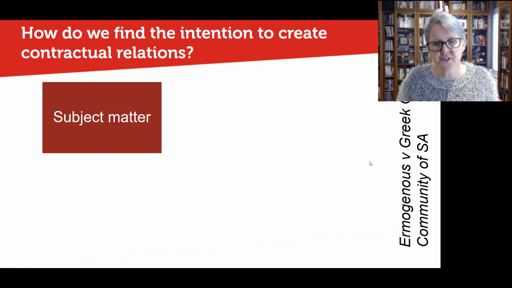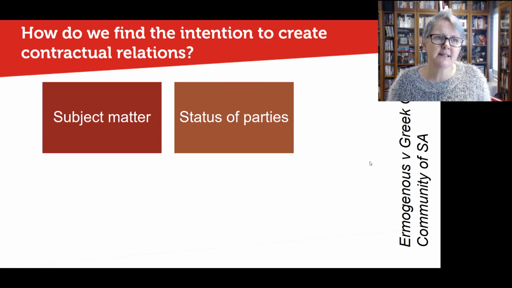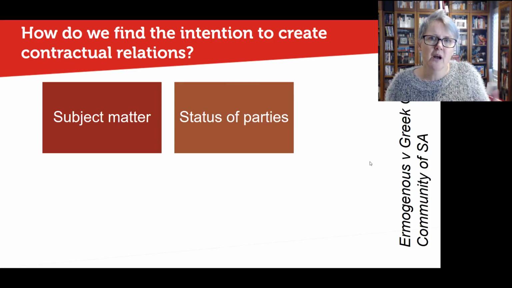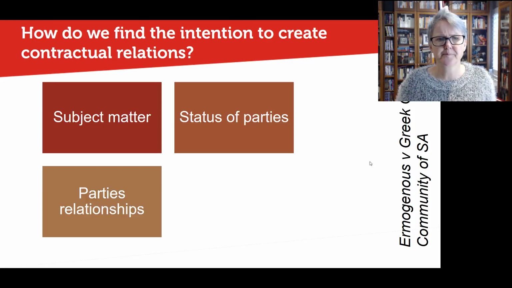They of themselves suggested an intention. We look at the status of the parties. In this case, he clearly reported to the board or the constituting entity of the committee. They were able to discipline him. They were able to tell him what to do and what he wasn't allowed to do. Sure, he had some roles and responsibilities and some duties to report to them, but the relationship between the parties and the status of the parties demonstrated an employment relationship.